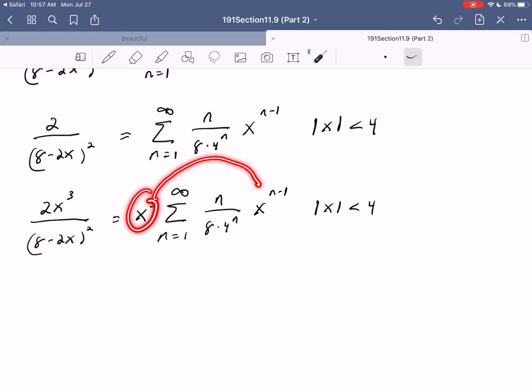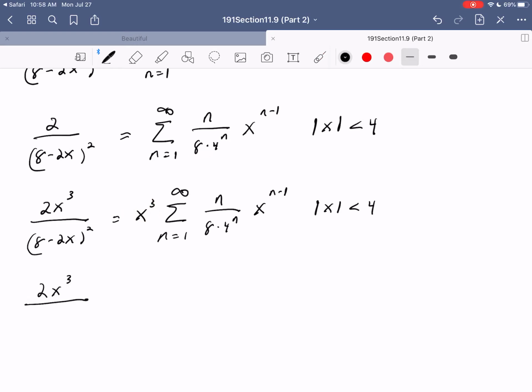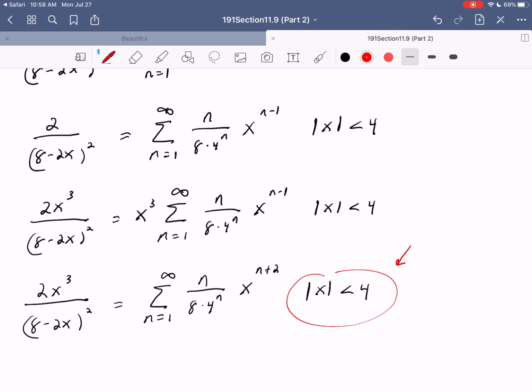Now we just bring that through, we add the exponents, and we get that 2x cubed over 8 minus 2x squared is actually equivalent to the power series n equals 1 to infinity, n over 8 times 4 to the n, x to the n plus 2, as long as absolute value of x is less than 4. So in other words, this tells us radius of convergence is 4.